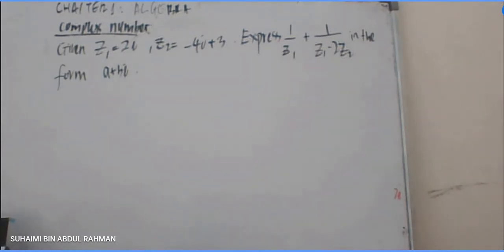Given two complex numbers, 2i and minus 4i plus 3. So express or write 1 over z1 plus 1 over z1 minus 2z2 in the form of a plus bi.